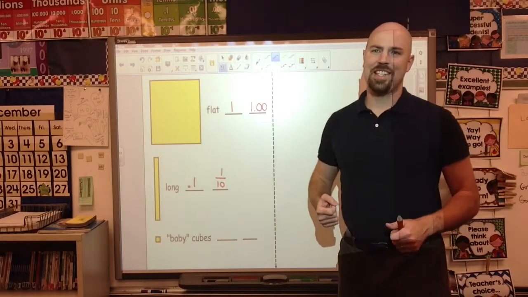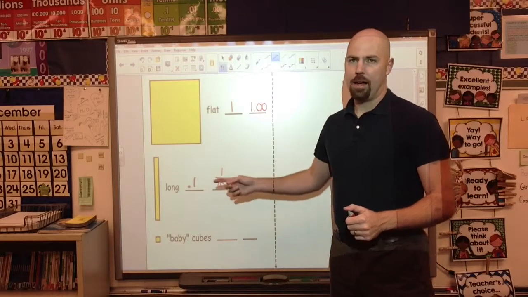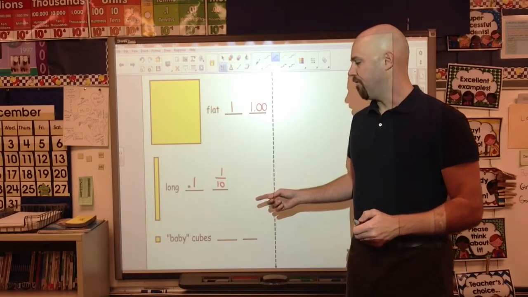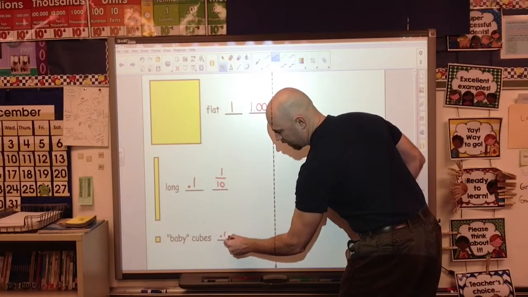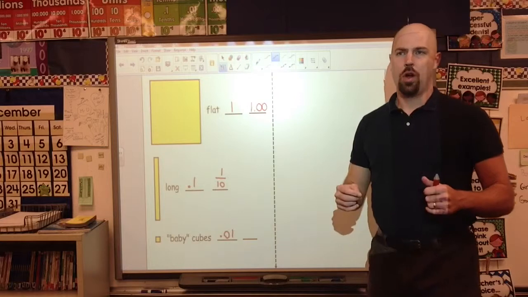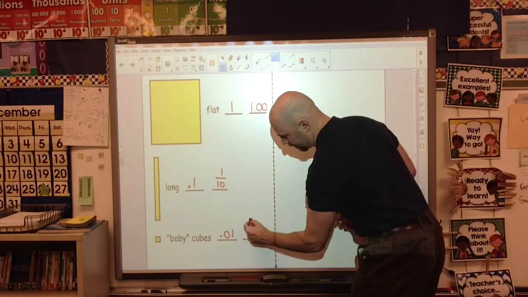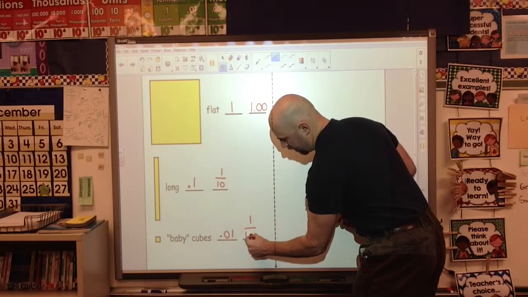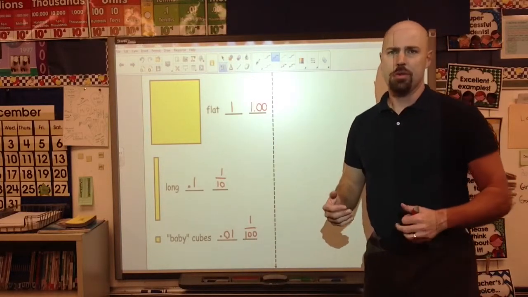If I learn to say 1/10, I can really easily convert that back and forth between decimal and fraction. And then the baby cubes, we talk about that as 1/100th. We talk about how that's like a penny. A penny is 1/100th of a dollar. And once again, it makes it easier to convert back and forth between fractions. So that's where we start off.